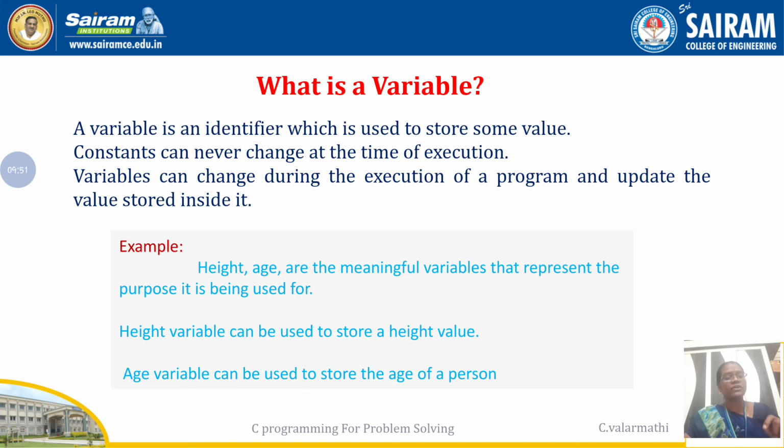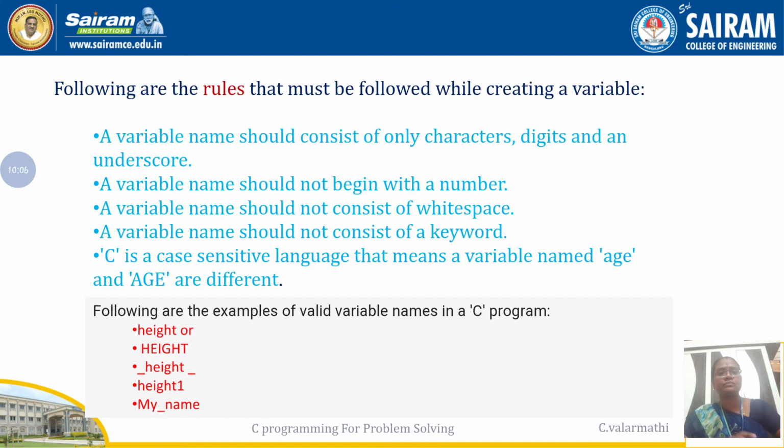Instead of giving I1, I2 or num1, num2, we can give the height variable, and age like that. So the variable should have some meaning, and the same rules we follow for identifiers apply here.